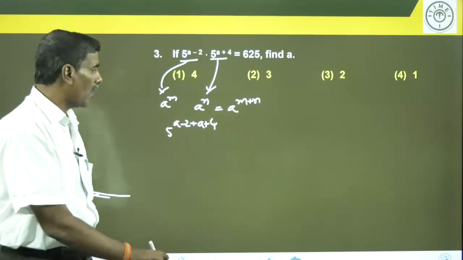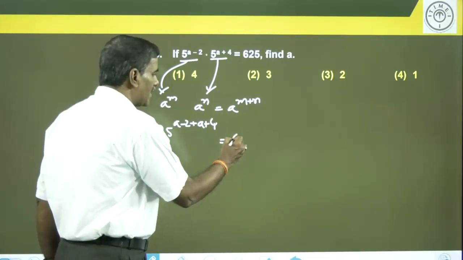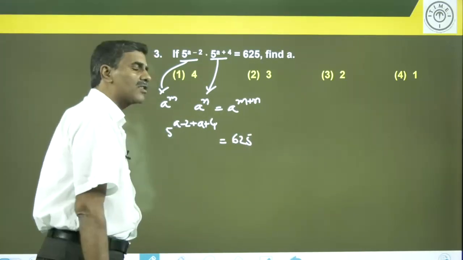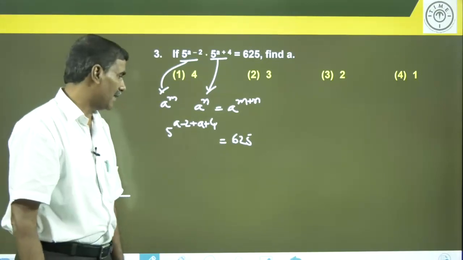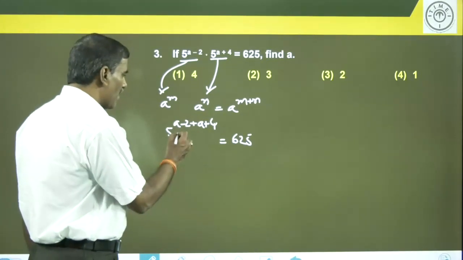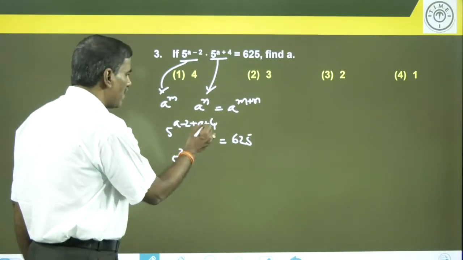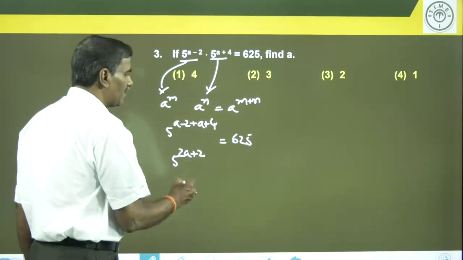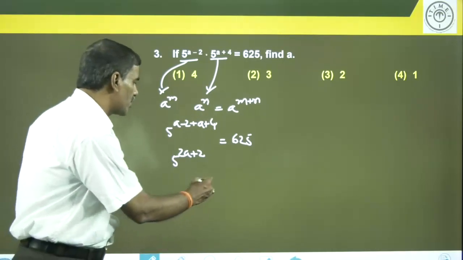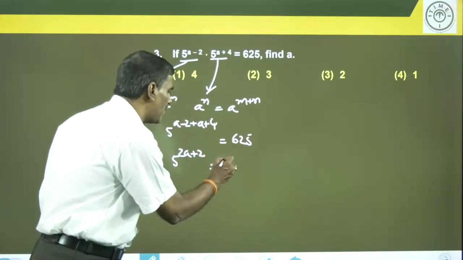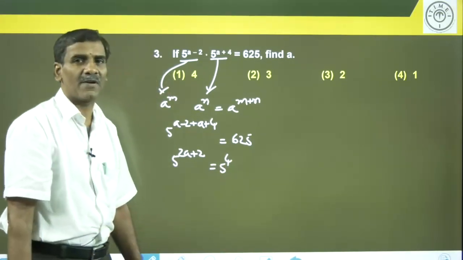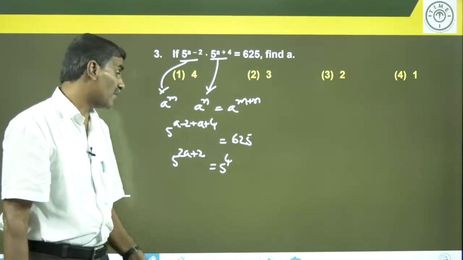This is equal to what? 625. And 625 we can say is 25 square, or 5 power 4. So on the left hand side, 5 to the power of 2a plus 2, since a plus a is 2a, and minus 2 plus 4 is 2. That is equal to 625, which is 25 square, or 5 power 4, because 25 is 5 square, and to the power of 2 that becomes 5 power 4.